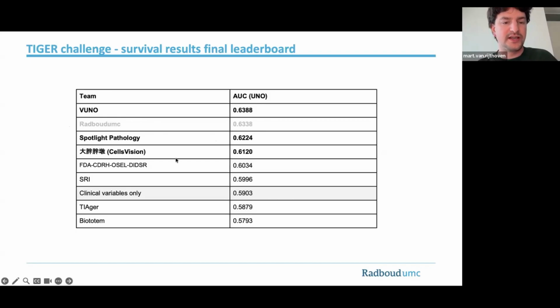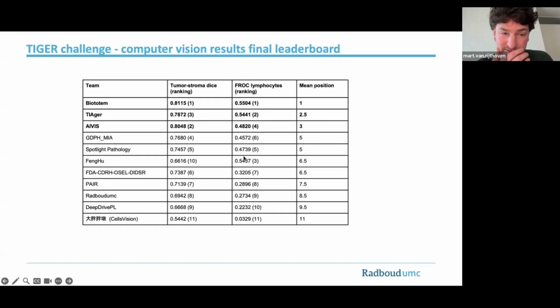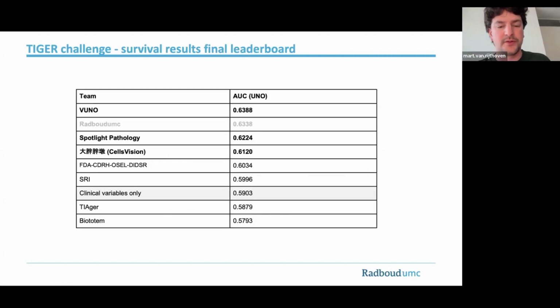So Spotlight Pathology and Cells Vision were second and third. Interesting here is that Tiger and Biototem scored a bit lower, while they were actually first place and second place in the computer vision leaderboard.